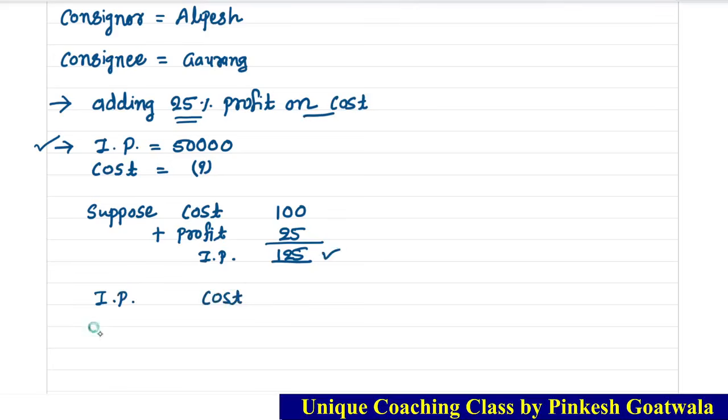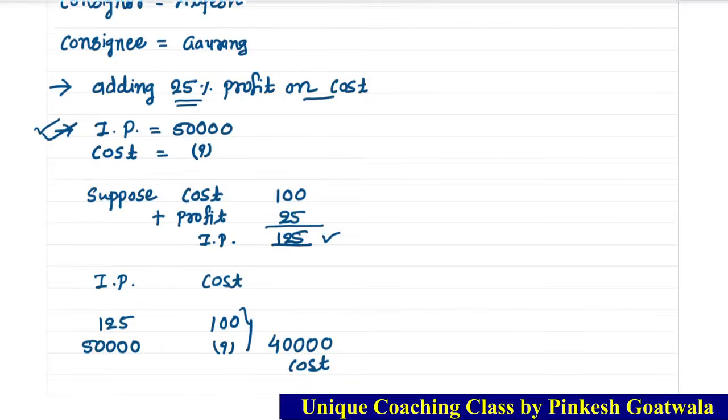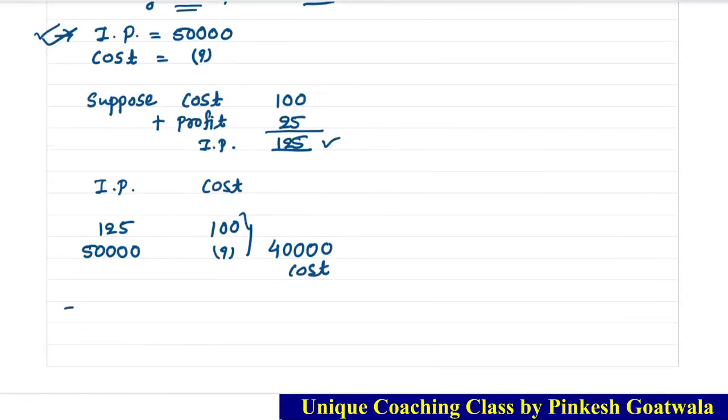So in suppose, invoice 125, then cost 100, and actual invoice is 50,000. So what will be the cost? 50,000 into 100 divided by 125. So here we get the value of cost, 40,000. It means we have an invoice of 50, we get the cost 40.